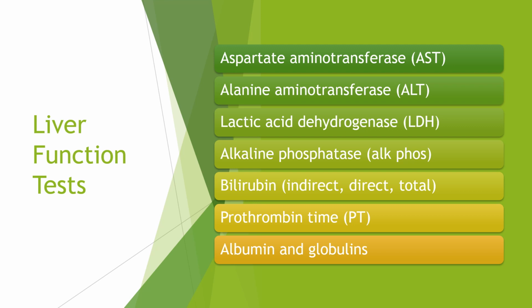So you're going to need to know about aspartate aminotransferase, also known as AST, alanine aminotransferase, ALT, lactic acid dehydrogenase, LDH, alkaline phosphatase, bilirubin, the indirect, the direct, and the total bilirubin, prothrombin time, which is known as PT, and then albumin and globulins. These are all going to start to make a little more sense as you start clinicals, but you do want to know what these ones are, and I would study the pathology part of the book so that you know which ones elevate in the presence of which disease.